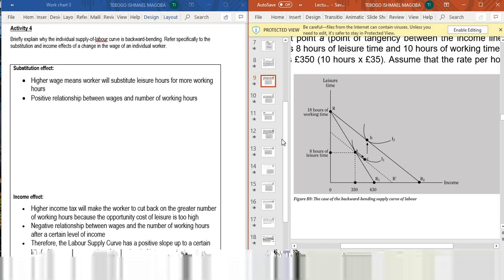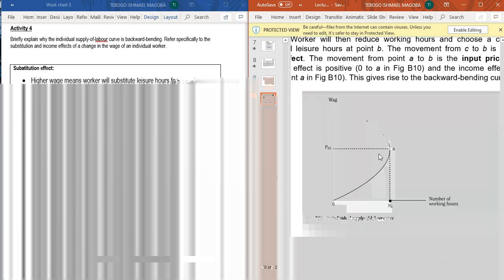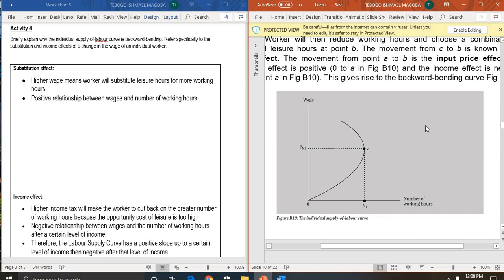Okay, so it's evident on both graphs, but I'll just show the backward bending supply curve for now. Also go through your textbook if you want more clarification on this. And then we say that there's a positive relationship between wages and the number of working hours. Of course, if you look at this graph here, it has a positive slope, does it not?